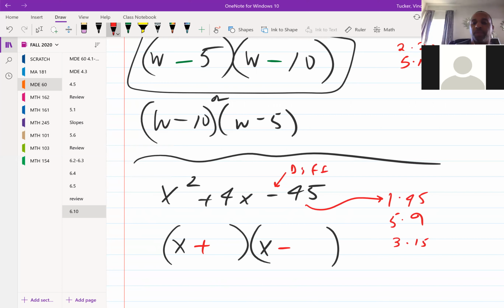But of course, the one we would need is the 5 and 9. And then the greater number will take on that positive sign. So that would be a positive 9 and a minus 5. All right. Questions on that?